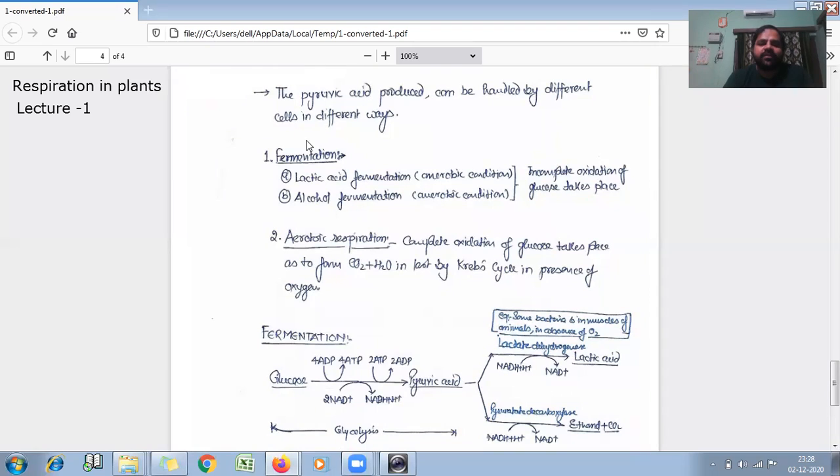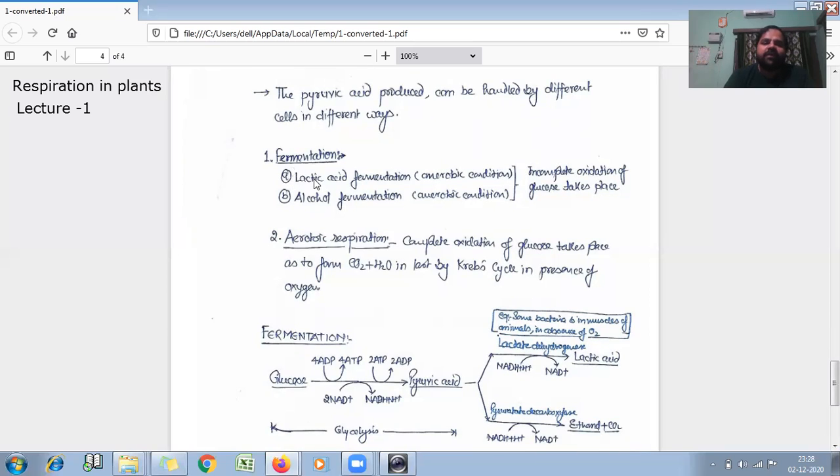So this pyruvic acid can be utilized in the fermentation process by some organisms, and it can be utilized in aerobic respiration by some organisms. In case of fermentation, this pyruvic acid can be converted into lactic acid or alcohol.